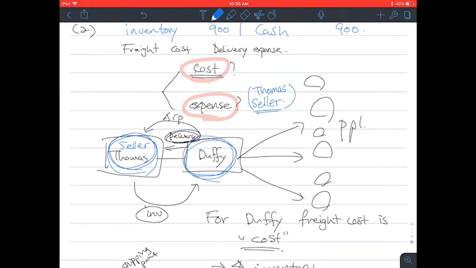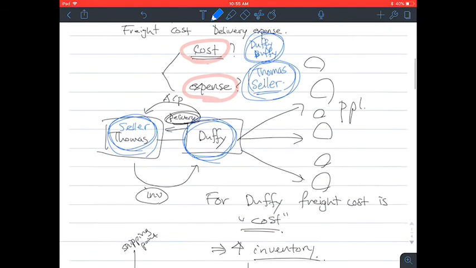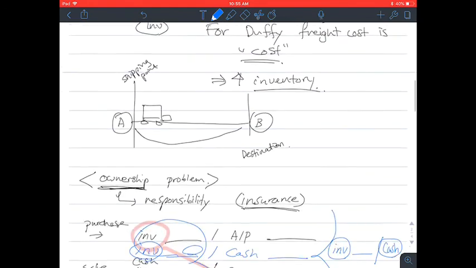But when the buyer, Duffy, pays the delivery, it becomes cost. Okay? So this is quite tricky, so you should remember this.